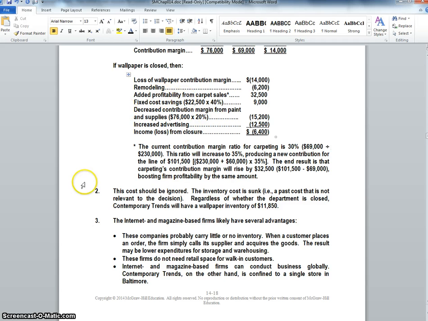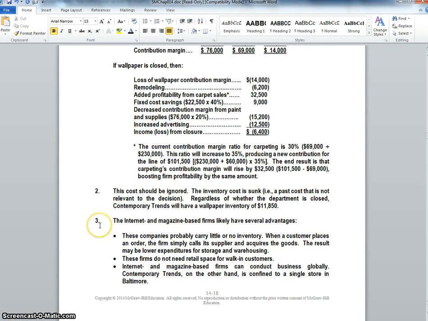So the quantitative is the number crunching, the qualitative is kind of understanding the depth of the problem, and it requires a little bit more finesse. But part 3 is really talking about some qualitative considerations, and the question asks, what would an internet or a magazine-based competitor have working in its favor compared to a brick and mortar store based in the Baltimore area?